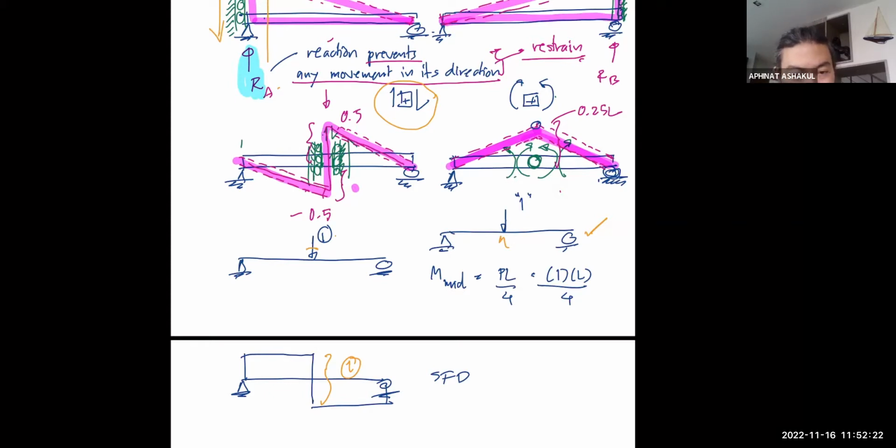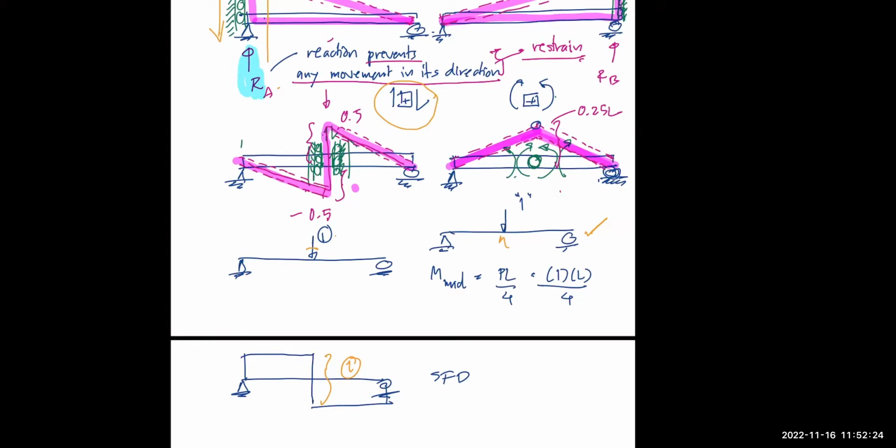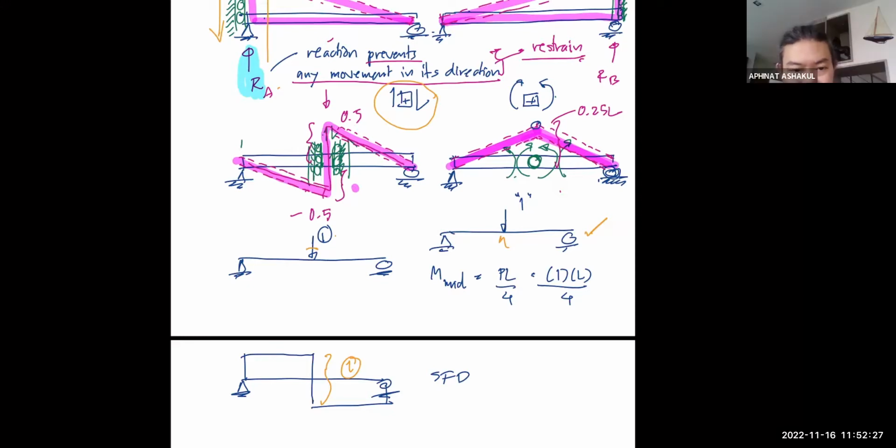Okay. You can just go the old school way: cut the free body diagram, apply the unit load, calculate the reaction 0.5, and then cut the free body diagram left and right of the unit load itself.